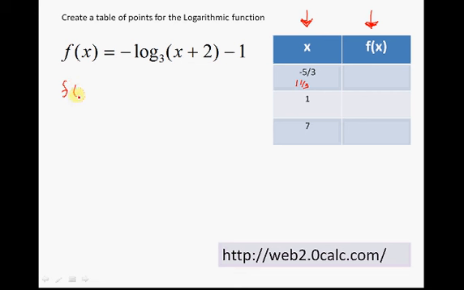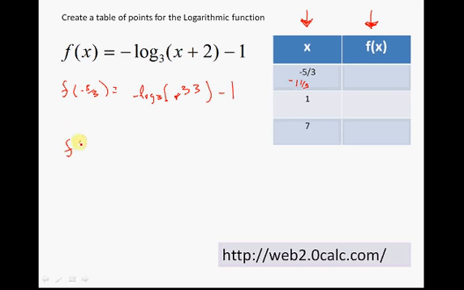So let's take a look at f of -5/3 equals the opposite of log base 3 of, well, what do we have? If we have -1/3 and a +2, we combine those and we get 0.333, or 0.33. We'll just take it to 2 decimal places, right?